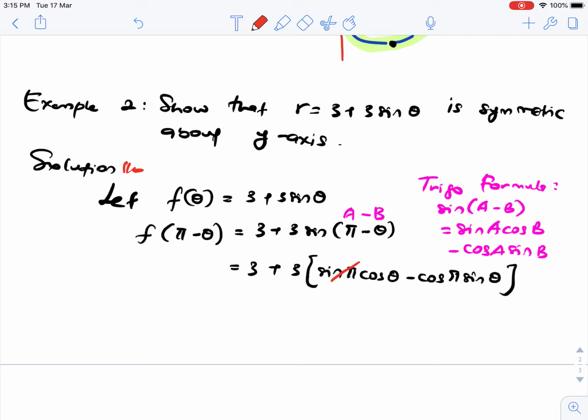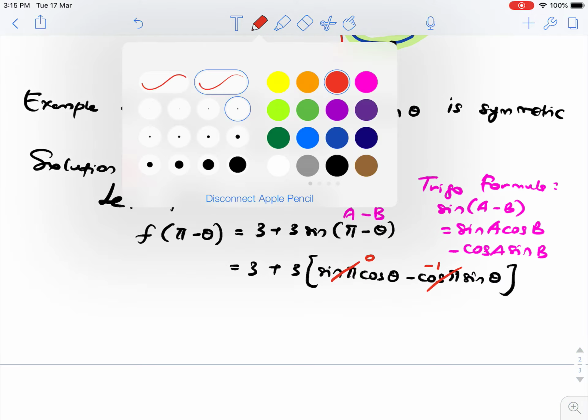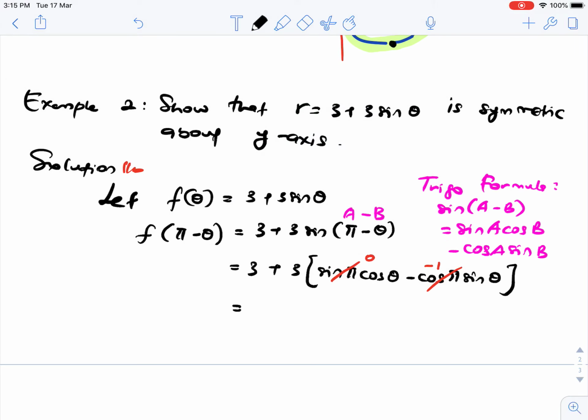Okay, we know that sine pi is 0 and cos pi is equal to negative 1. So we will have 3 plus 3 times (0 minus negative 1 times sine theta). So we will have, negative becomes positive, right? So we have 3 plus 3 sine theta.